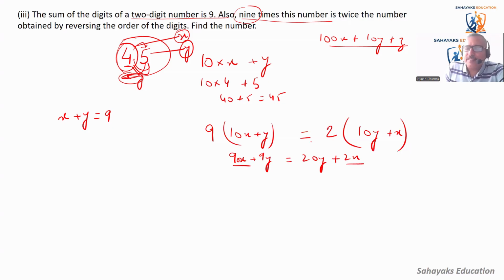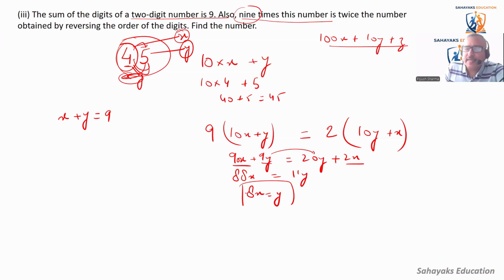If I take it to the other side, it becomes 88x, and 9y I'll take to this side. It becomes equal to 11y. And if I divide this entire equation by 11, it becomes 8x is equal to y.